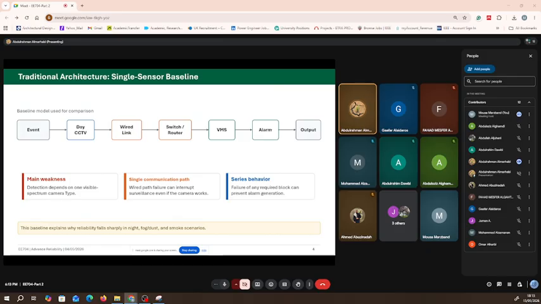First, detection depends only on one type of camera, the day CCTV camera. Second, communication depends only on one type, wired communication. Third, this structure behaves like a series system. If any required block fails, the alarm may not be generated. This explains why the traditional system reliability drops sharply under night, fog, dust, and smoke scenarios.